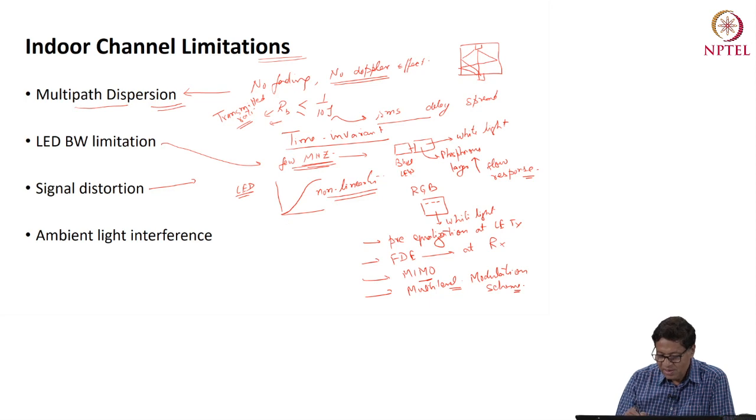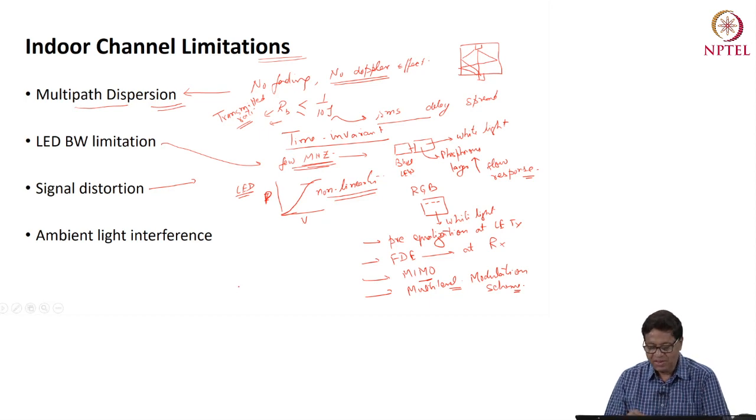Moreover, it has limited dynamic range. So you have nonlinearity in the characteristic. This is the IV characteristic, and this is the power versus voltage or current characteristic. It is nonlinear, it may introduce some sort of crosstalk, and you have limited dynamic range.